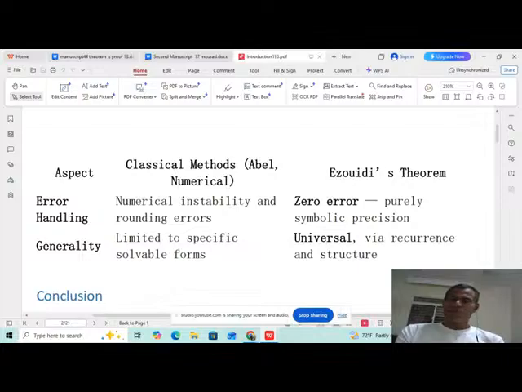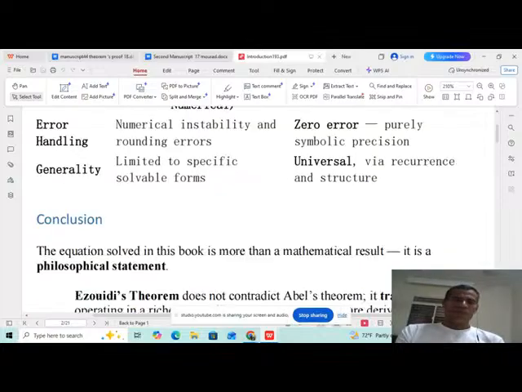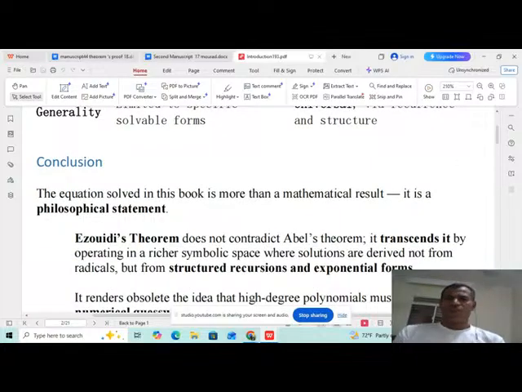Now let's conclude. We can say that the equation solved in this book is more than a mathematical result. It's a philosophical statement. The Ezouidi theorem does not contradict Abel's theorem, but it transcends it by opening a rich symbolic space where solutions are derived not from radicals but from structural recursion and exponential form.